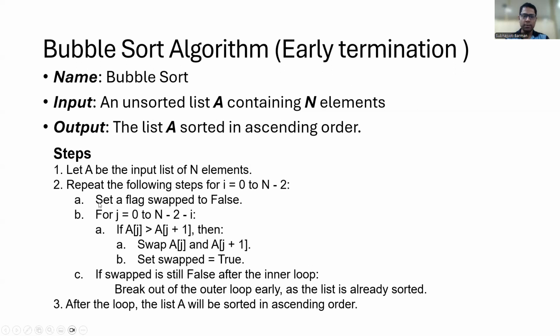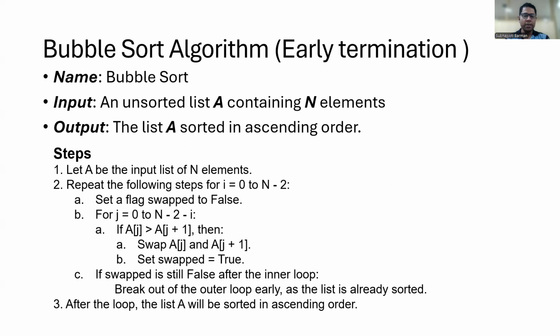Here you can see that prior to entering the inner for loop, we set a flag variable to false. Whenever we perform any swapping, we set it to true. After the inner for loop, we check whether the state of this variable is false or true.